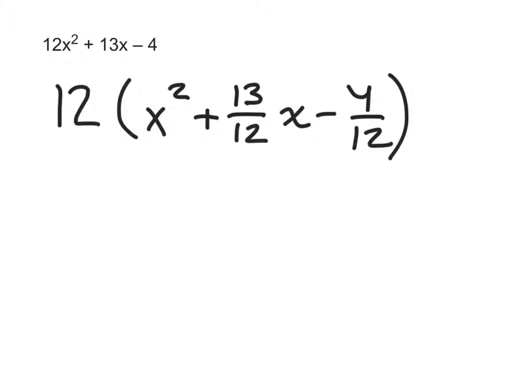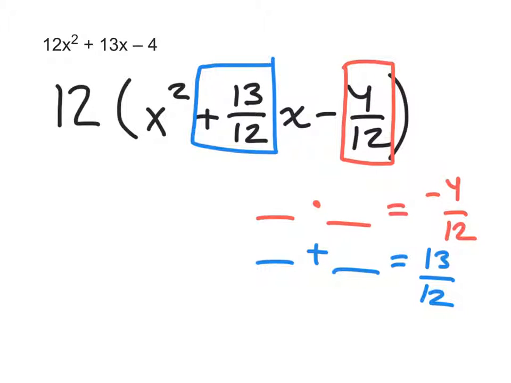As we know, if it's just an x squared and the a value is 1, there's no number in front of the x squared, it's really easy to find the factors based on the products and the sums. So, based on what we know with those relationships, I know that I need two numbers that multiply to negative 4/12 and that add to 13/12.